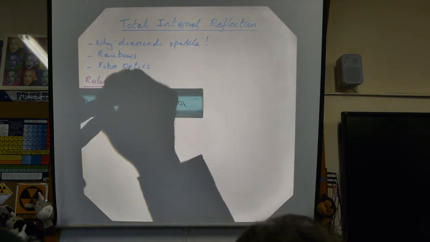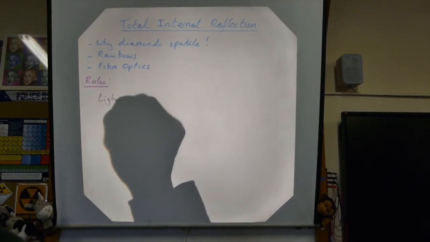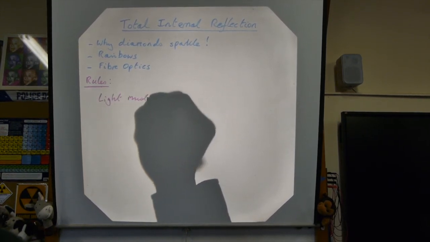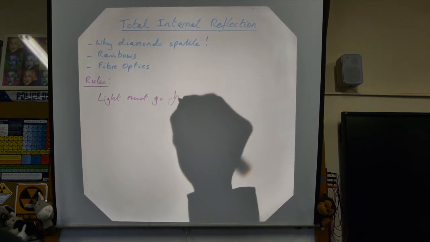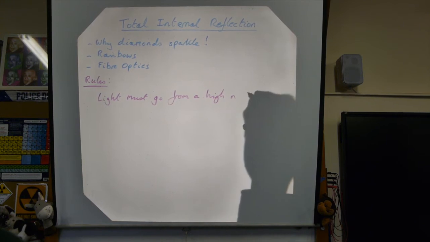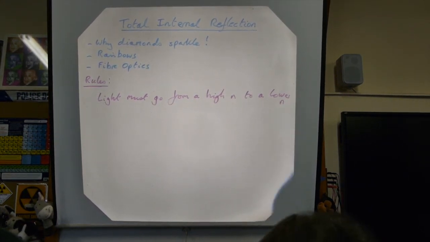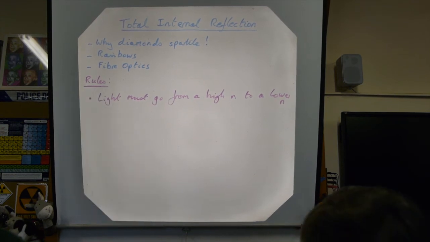That's really important. So the light, the waves, must go from a high N to a lower N. That's the first kind of rule.